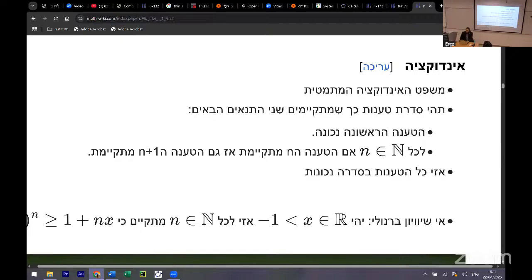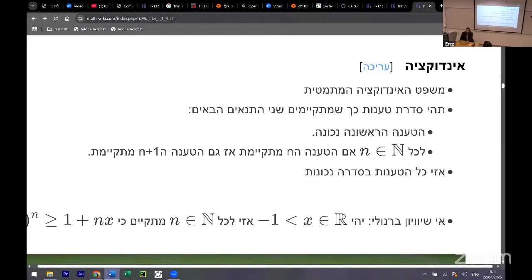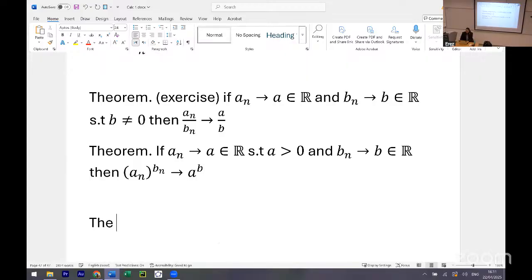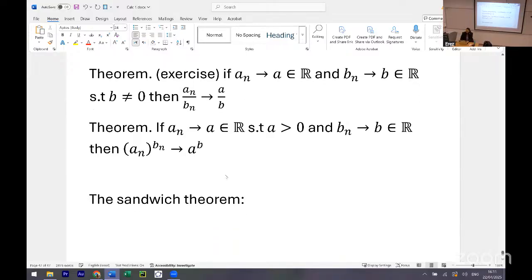Okay, so the sandwich theorem. I'm not sure if it's called that in English. It doesn't matter.